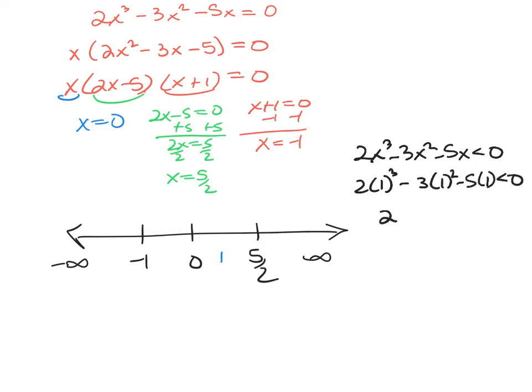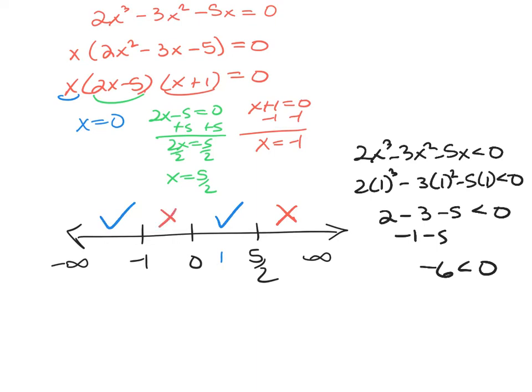So here I get 2 minus 3 minus 5. 2 minus 3, negative 1. So negative 6, is that less than 0? Yes, it is. So this gets a check. X, and again, it's going to repeat. Do this in blue, and the X is in red.